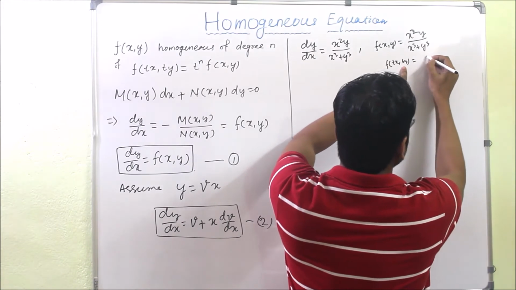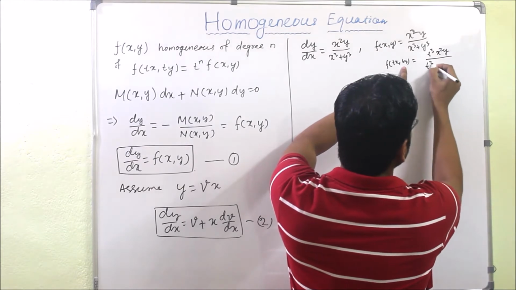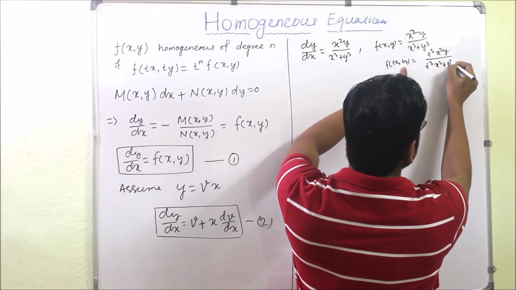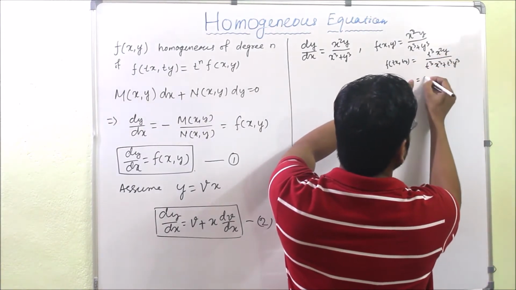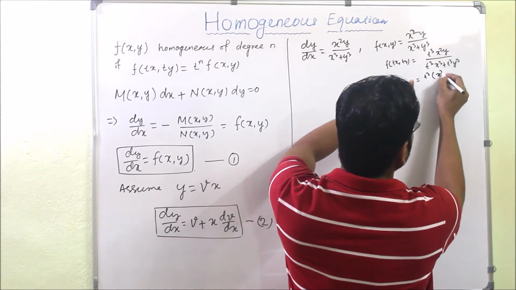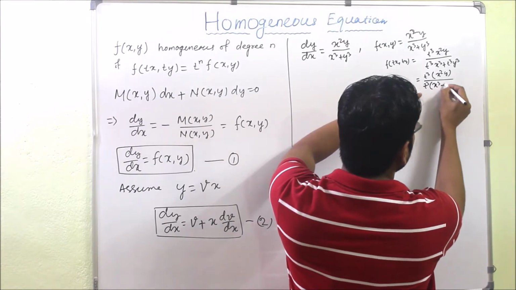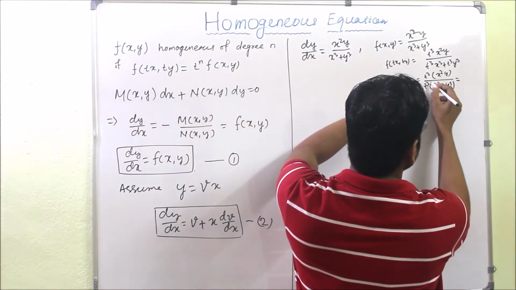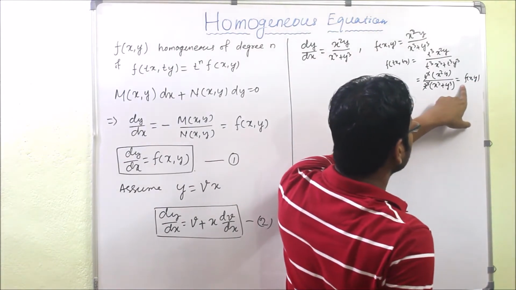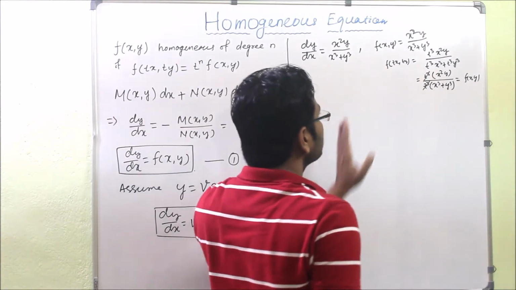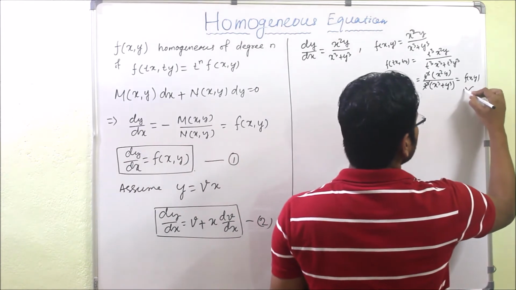So it will be t cube x square y divided by t cube x cube plus t cube y cube. Taking t cube common, it will be t cube x square y divided by t cube times x cube plus y cube, and that is f of x y again. So the degree is 0. It is homogeneous of degree 0. Now it is confirmed that it is homogeneous.